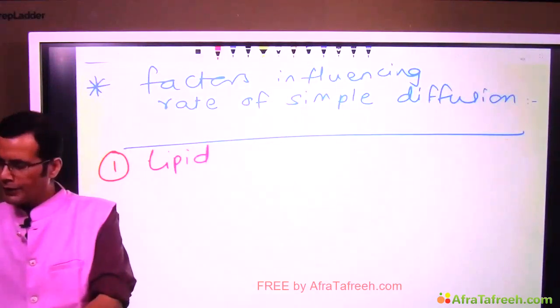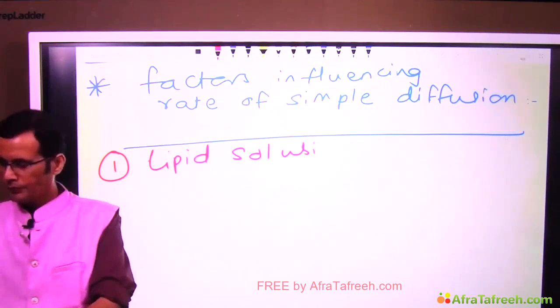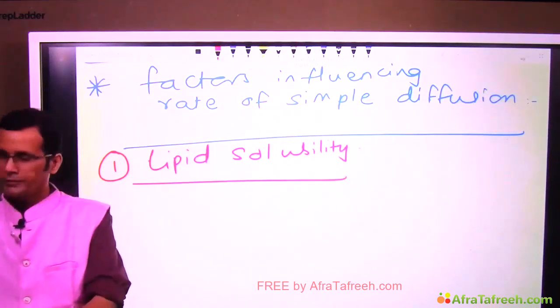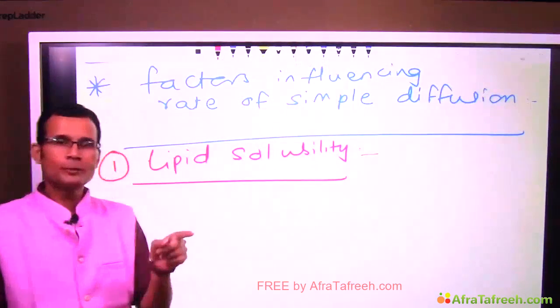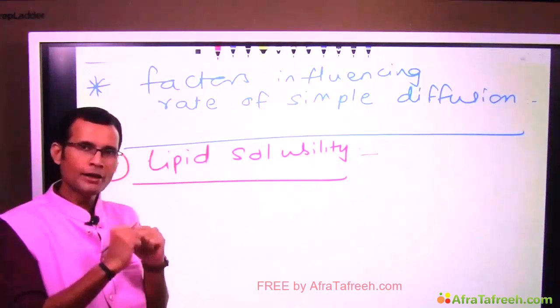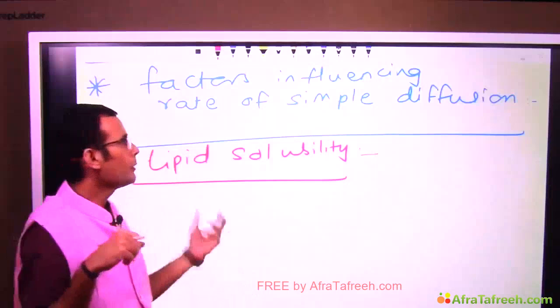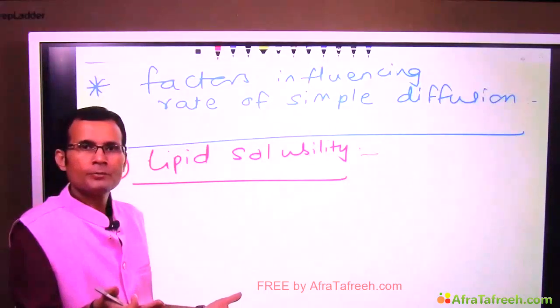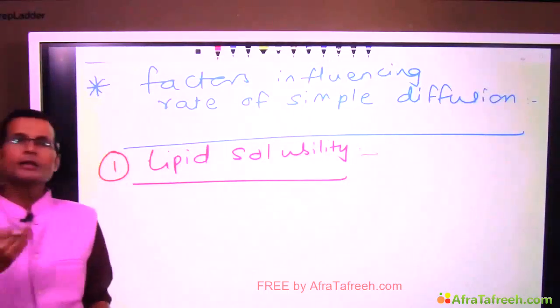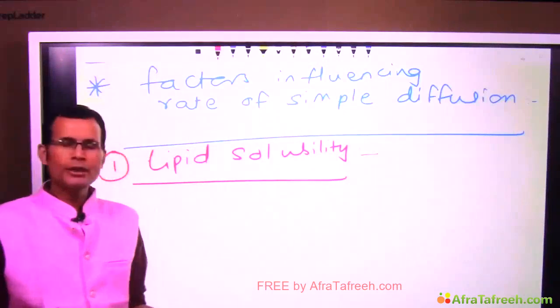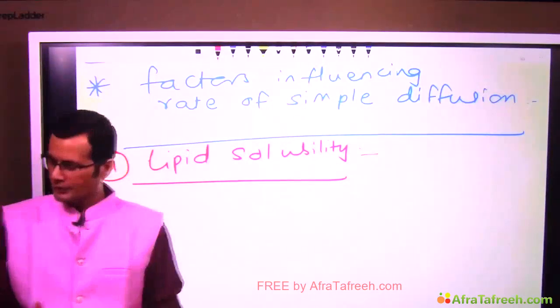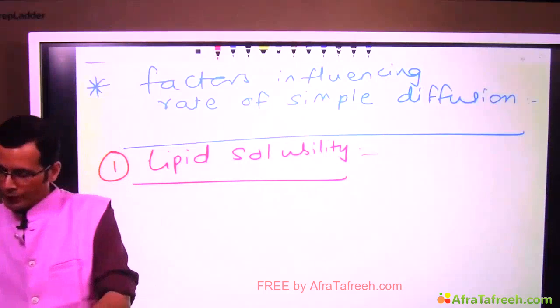Lipid solubility. Yes, lipid soluble substances, they go through the lipid bilayer, and the rate of simple diffusion will depend on the lipid solubility of the substance. Greater the lipid solubility, faster will be the rate of simple diffusion of that substance. But look at the example.